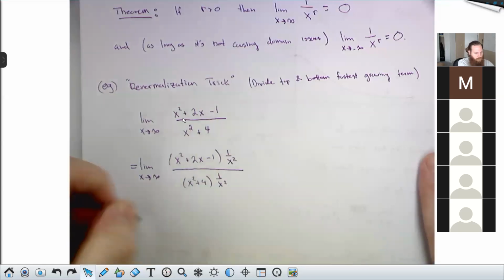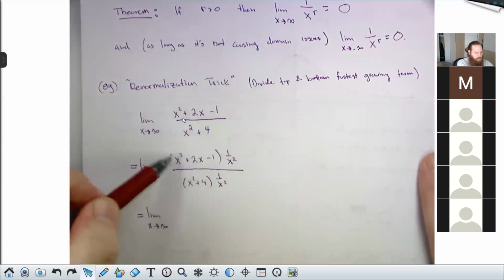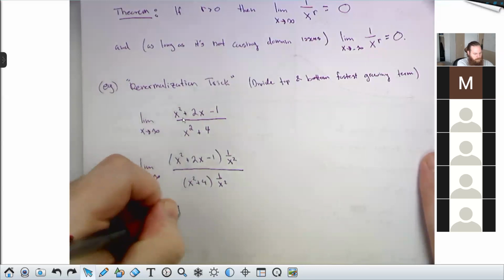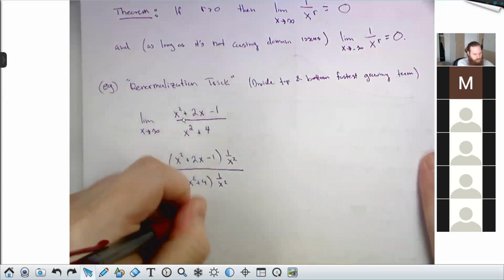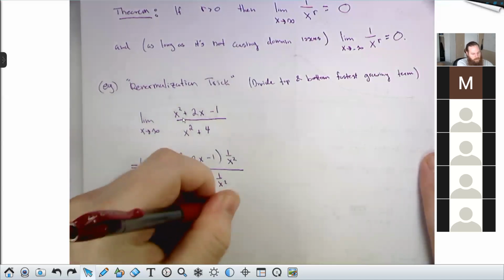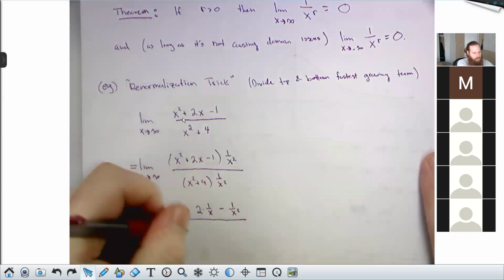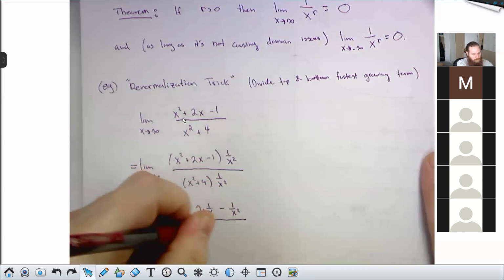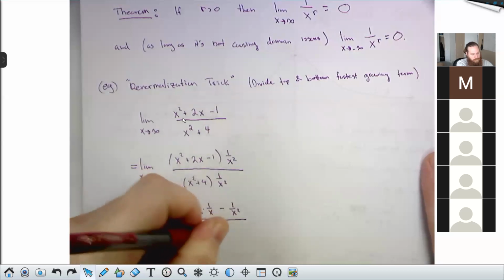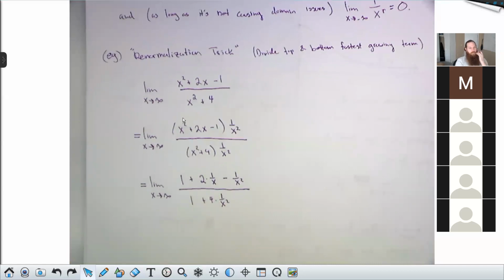Now, when I distribute that 1 over x squared in the top and the bottom, dividing every term by x squared, I get 1 plus 2 times 1 over x minus 1 over x squared, all divided by 1 plus 4 times 1 over x squared. Is everybody following the algebra?